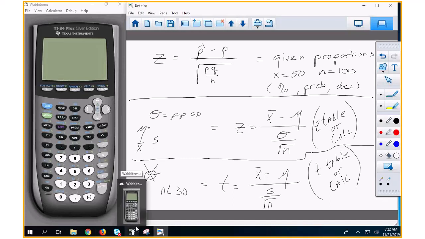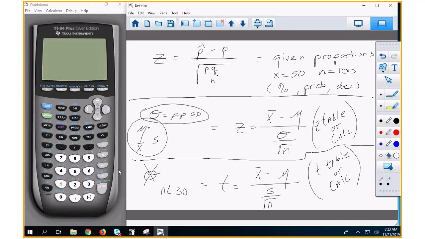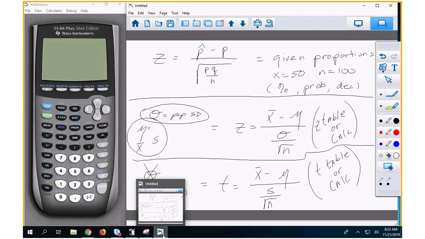The sample what? Okay? So what's the only thing not given? This is given and this is the what? Population what? Standard deviation. If the population standard deviation is given with all of this, then you're going to use a z-test. Okay. If the population standard deviation is not given, go away.